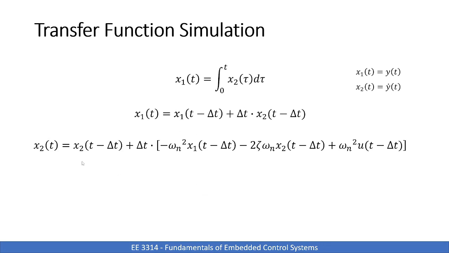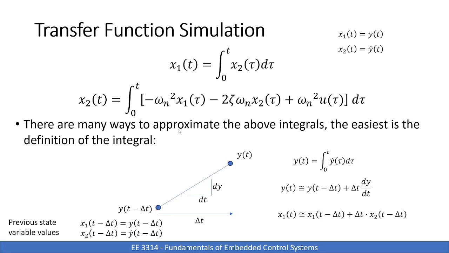Okay, and if we want to estimate the value of x2, we have our previous value of x2 plus our delta t times our slope, right? So delta t times our slope, and our slope is given by this. Remember, x2 is equal to the slope of x1, right?